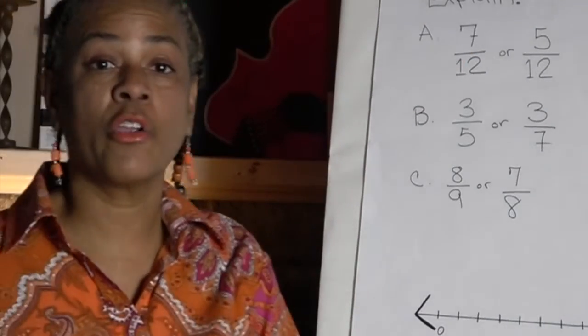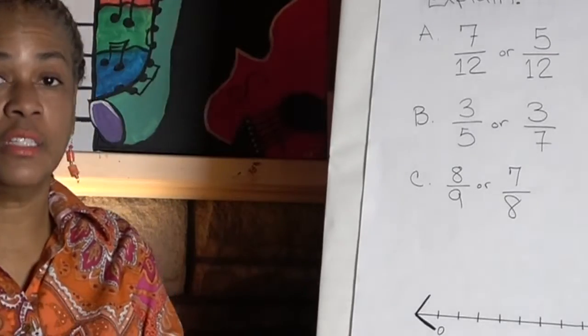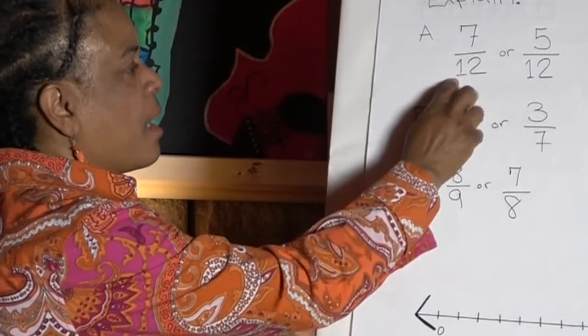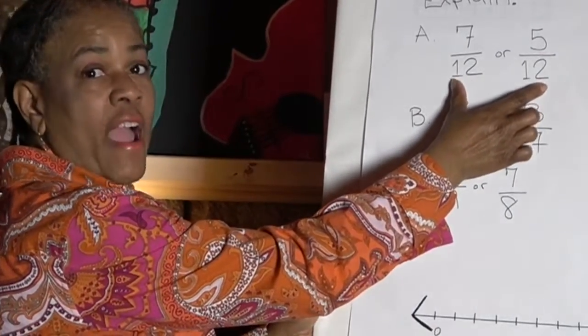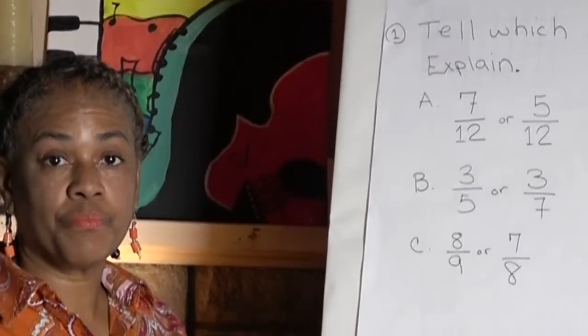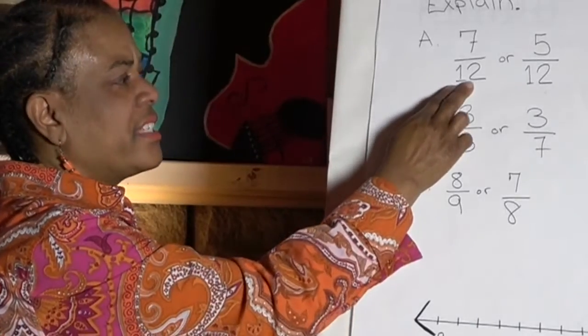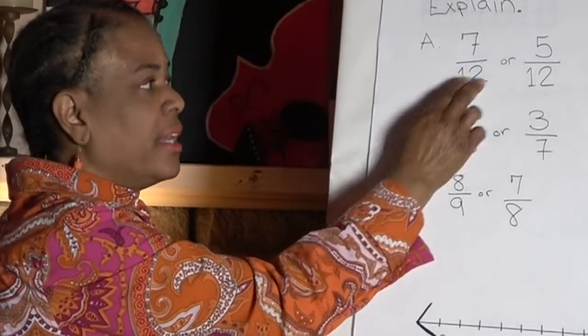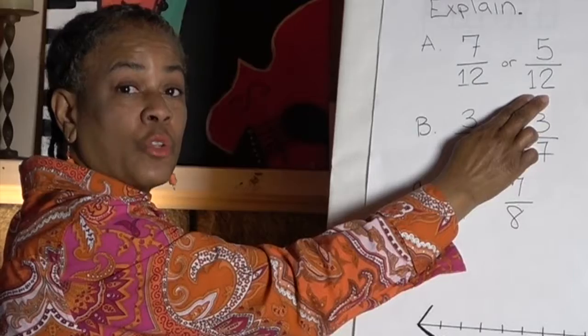Which fraction is larger? So the rationale is the denominator tells you the size of the fractions. In this case, both fractions are twelfths. So over here I have 7/12, 7 apples, and over here I only have 5/12.